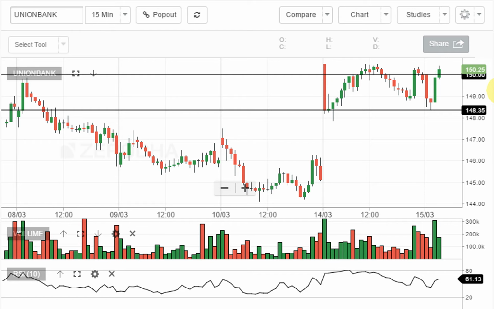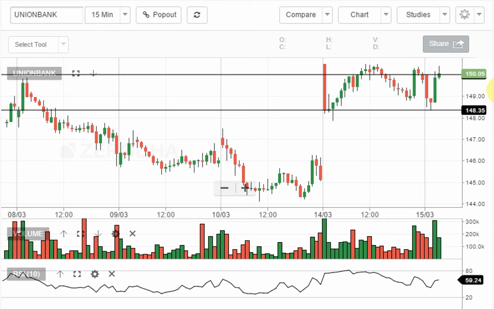Okay. So the clear resistance, if we take yesterday's high and open and everything. Today we had taken at 150, already achieved the target. Yesterday we'll be going at 150.50.